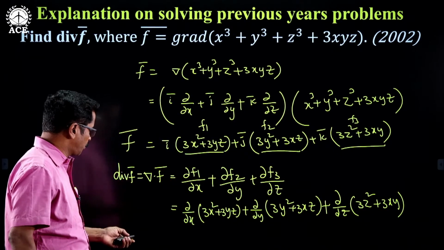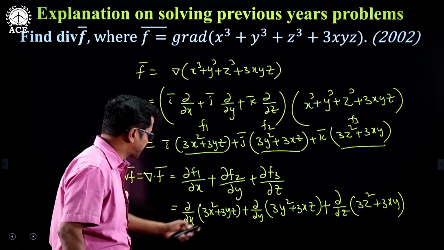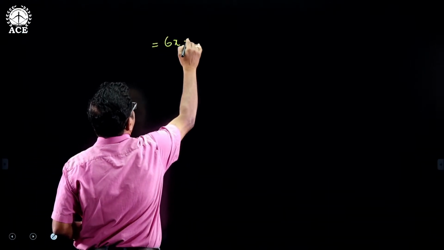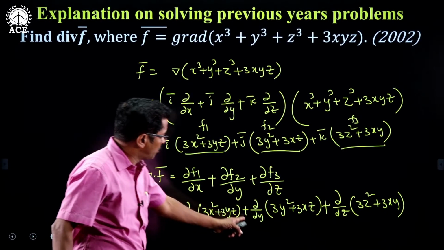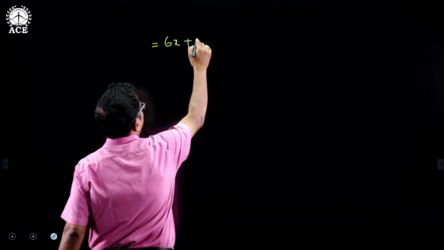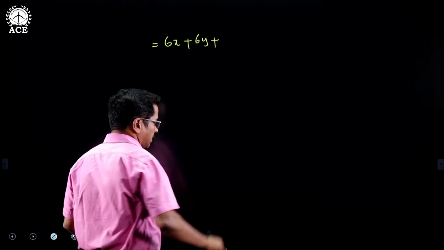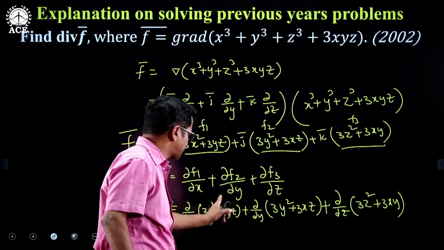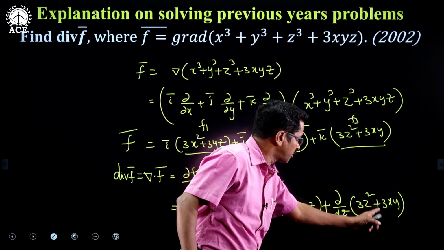Now you differentiate with respect to x. What do you get? 6x only. ∂/∂y of this is going to be 6y, because here we don't have any z term, and here we don't have an x term, and even here we don't have a z term.